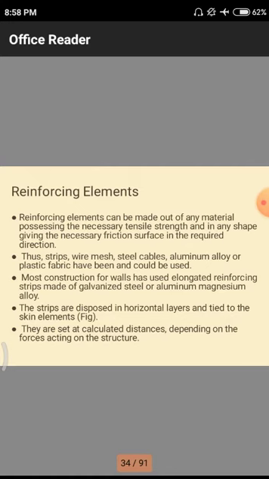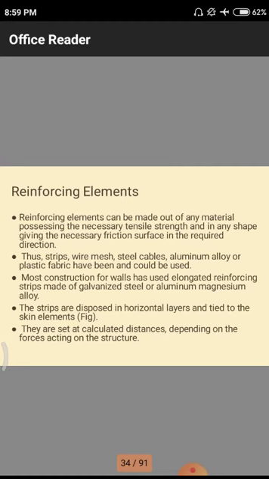Next one is the reinforcing elements. The reinforcing elements can be made out of any material possessing the necessary tensile strength, and having a shape giving the necessary friction surface in the required direction.